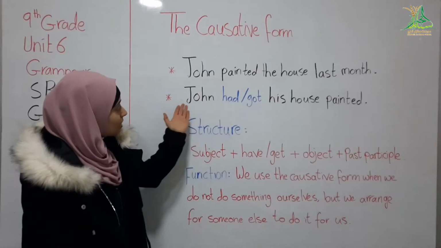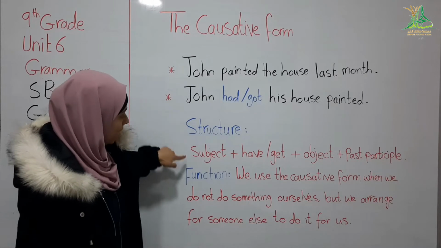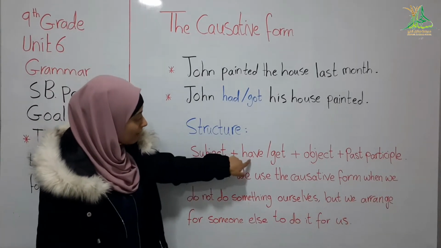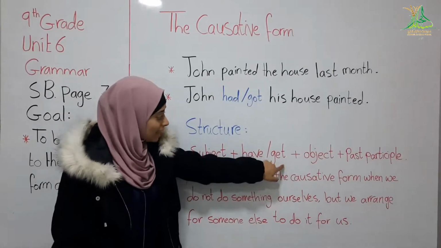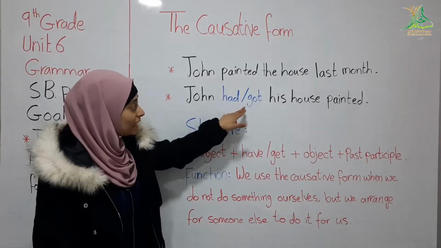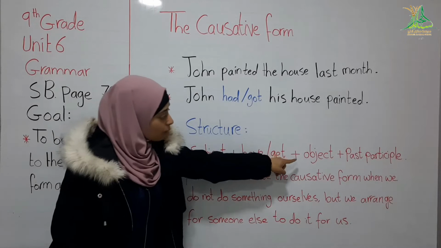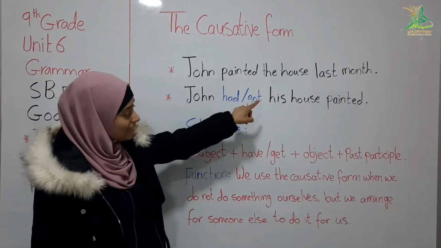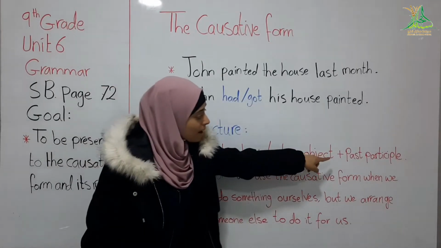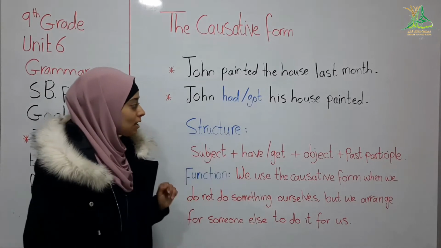And if we look at the structure of the second sentence, here we have the subject, Joan, and then we have had or got, and here we have had and got because it is in the past. And then we have the object, which is his house, and then we have a verb in the past participle, which is painted.